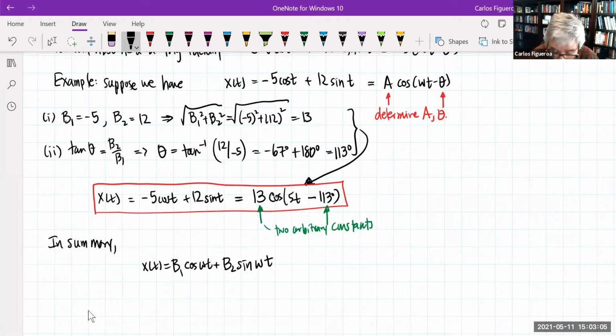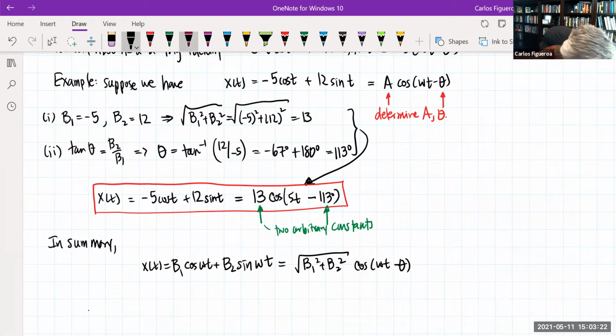And then now I'm going to come in and I'm going to write a solution that looks like this. And I'm going to get cosine of omega t minus theta. Right?